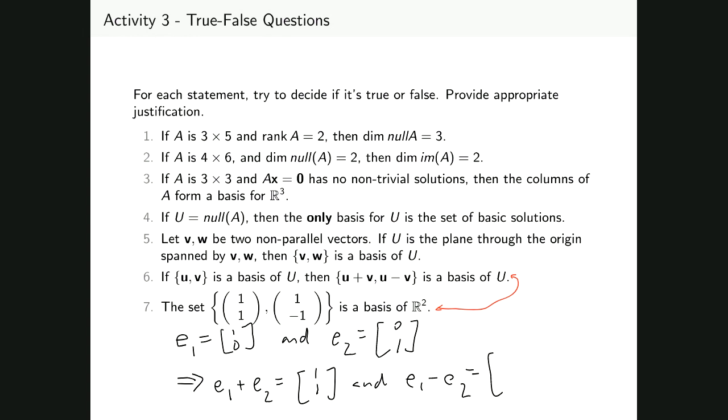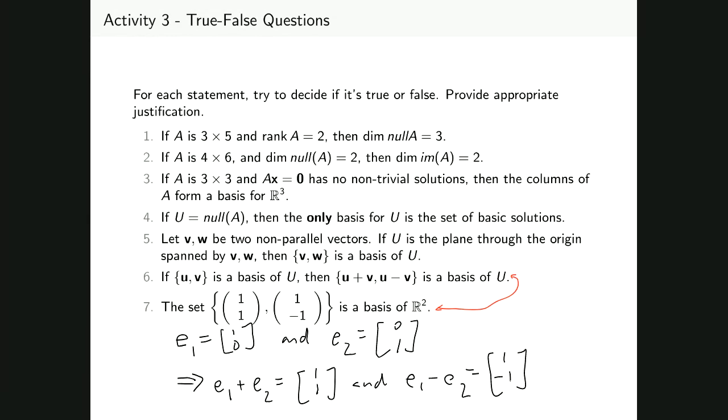And E1 minus E2 is negative 1, 1. So these are very similar. What we're doing here is trying this out on a particular pair of vectors.